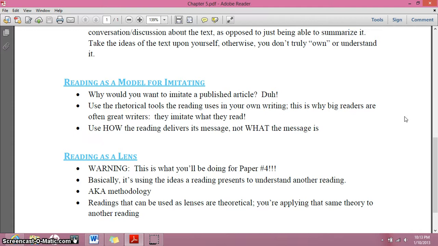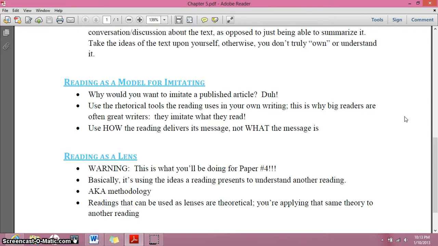It's a little theoretical, but I know you can do it. I know it's going to be a challenge for paper number 4, but I will pick articles that will lend themselves well together. So again, when you use a reading as a lens, you are simply taking the ideas and theories from one and applying them to another. When you analyze it, you're not using your own personal thoughts and ideas to analyze it.